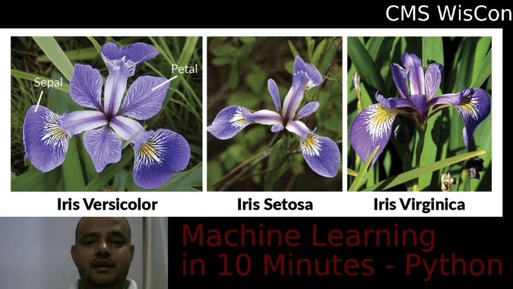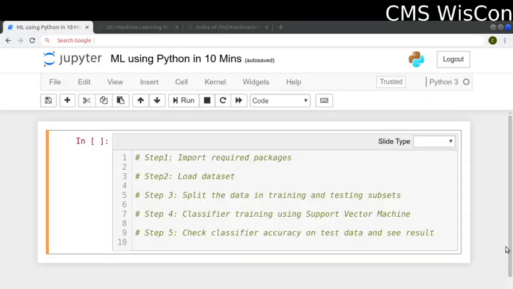So let's get started. Here is a series of steps that we are going to follow to write our first machine learning program. I've divided the process into 5 steps. In step 1 we are going to import required packages, primarily pandas and sklearn. We'll load the machine learning dataset.